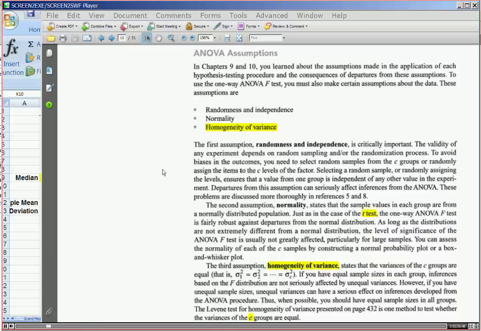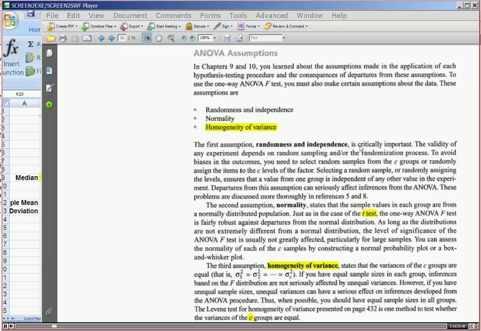The first assumption, randomness and independence, is critically important. The validity of any experiment depends on random sampling and/or the randomization process, to avoid biases in the outcomes. So far this should be understood pretty easily.